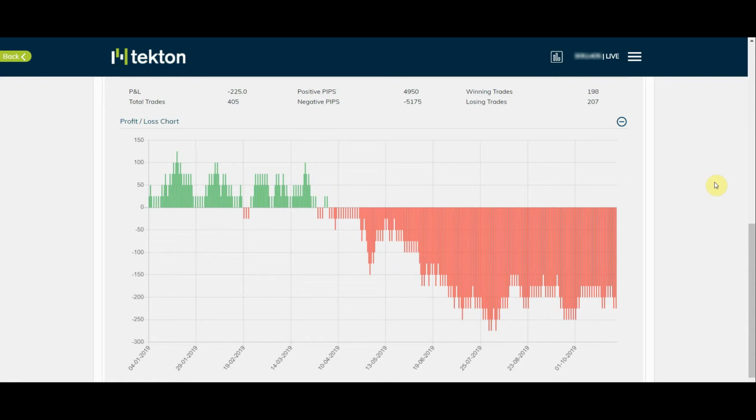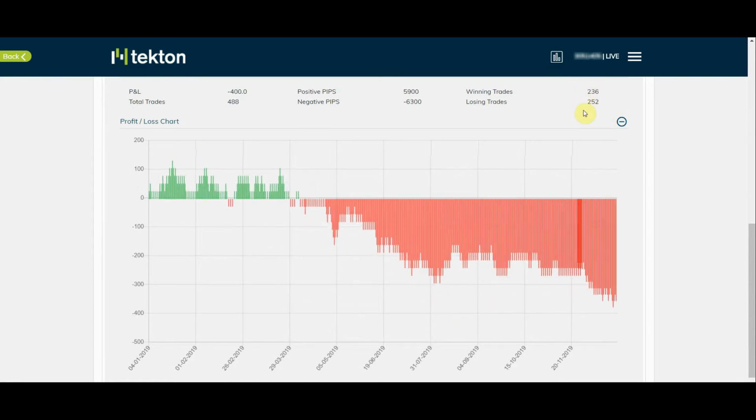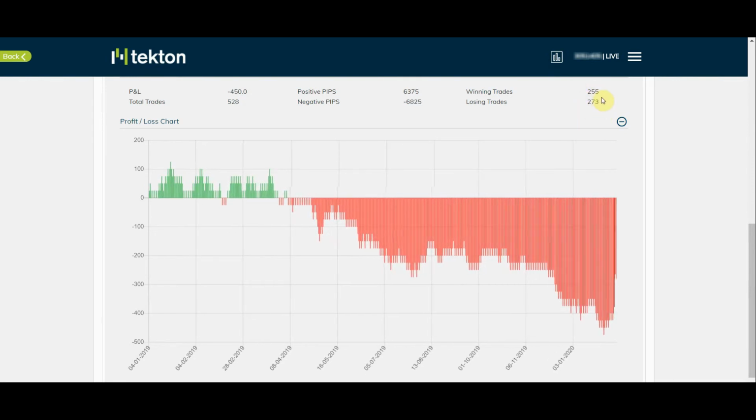As you can see, it's now in a little bit of drawdown. It's actually still quite close together here. It's not 50-50, but it's not a million miles apart.